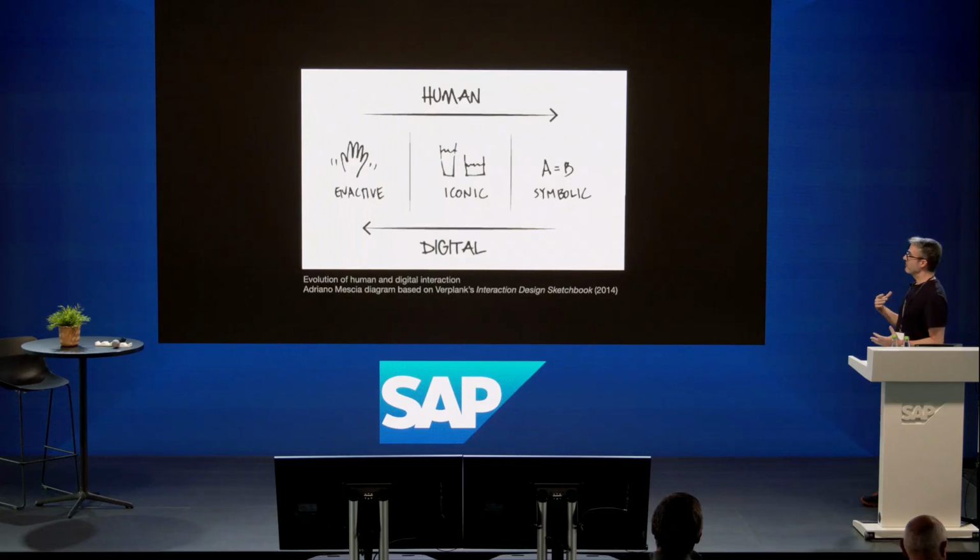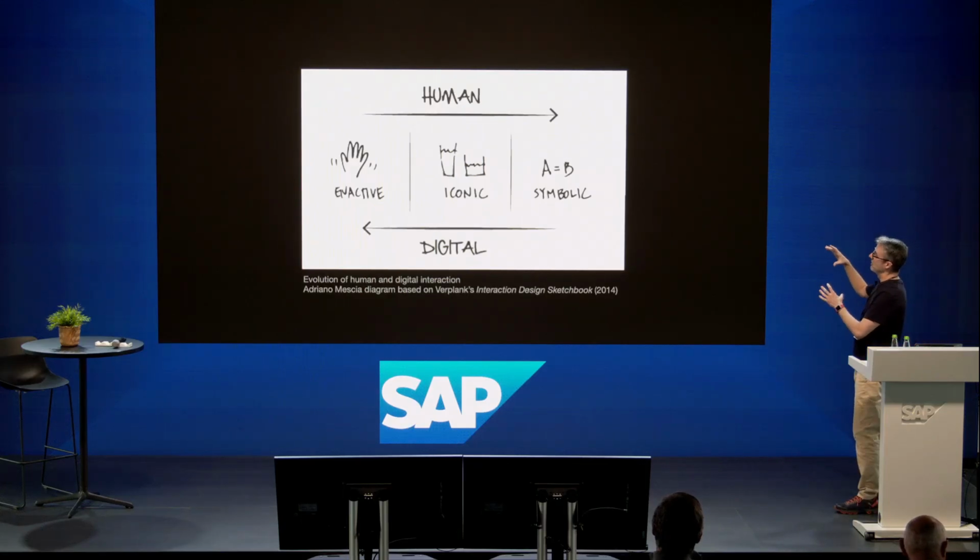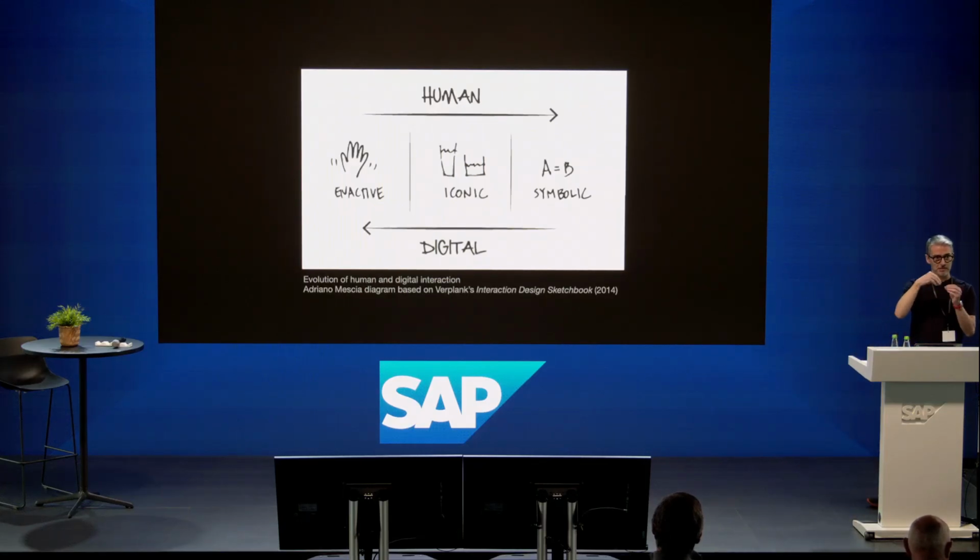So in terms of interaction design, we have to meet at some point in the middle, and that is why we have poor interaction design, because we work in different directions, right?